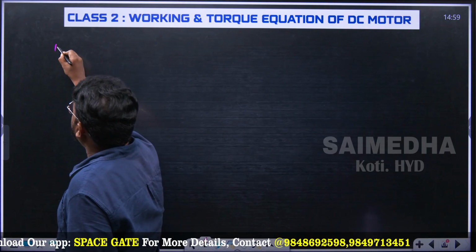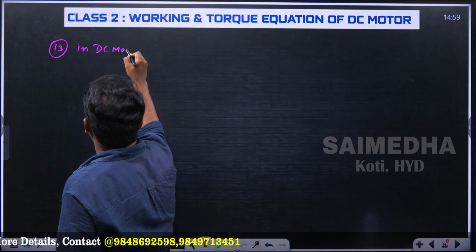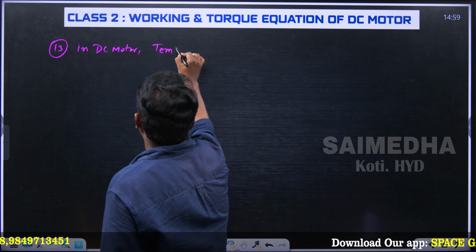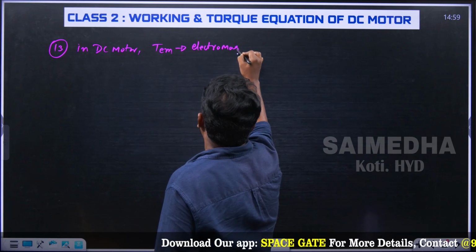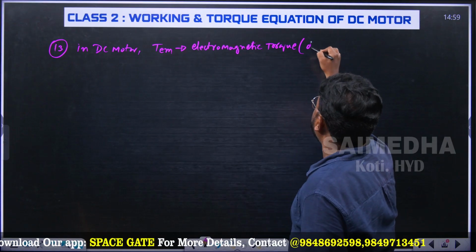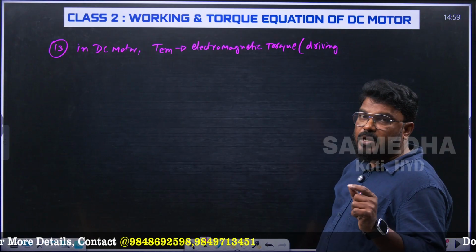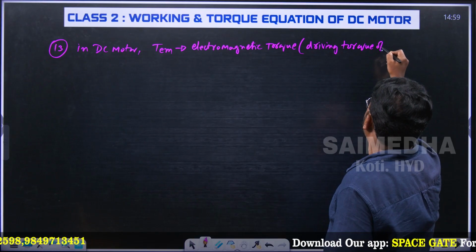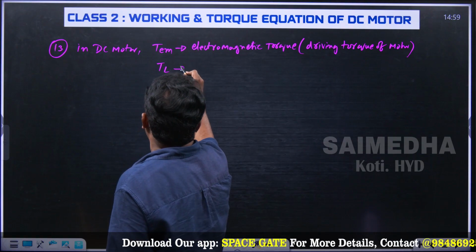In the DC motor, the electromagnetic torque TEM is a driving torque of the motor, which drives the armature of the DC motor at some speed. And next one, TL is the load torque.